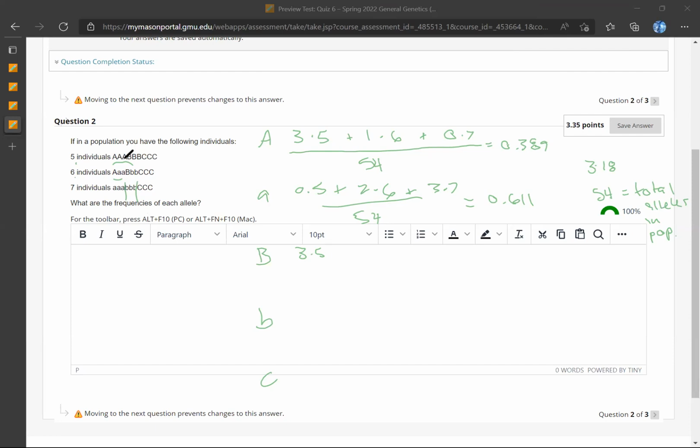So this is only asking frequencies of each allele within a locus. Yeah, C would just be 1 then, because the only kind of C allele is capital C.